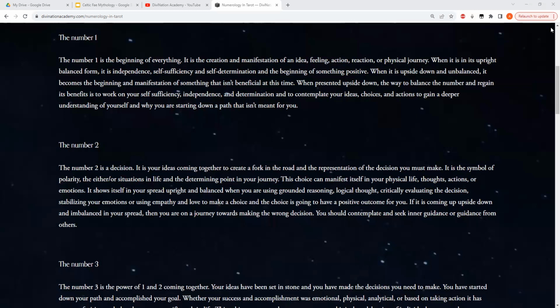But the numbers next to the number 1, let's say they rolled the number 1, are going to help you tell a little bit more of a story about who this person is and what they're going through and what their answers are to the questions they might have asked. But it's not going to be good or bad.